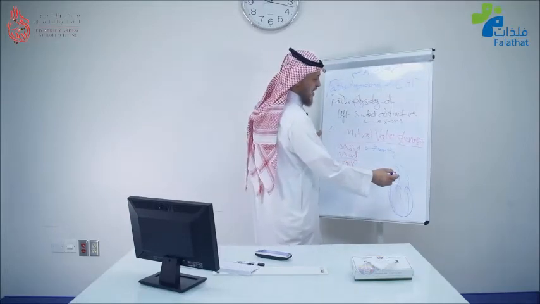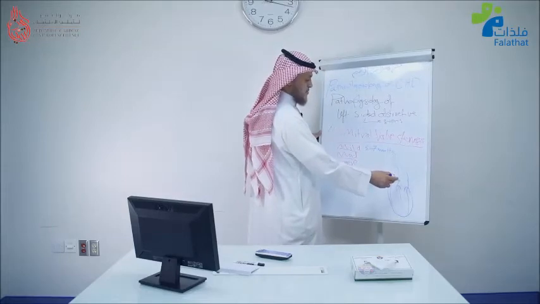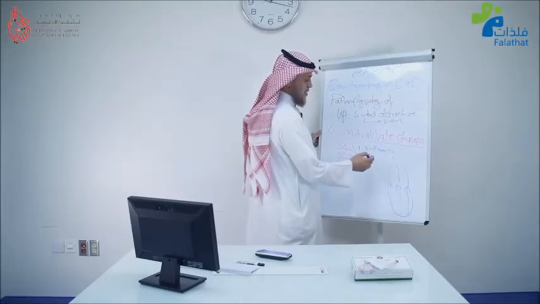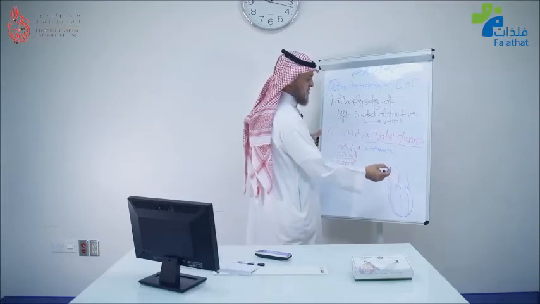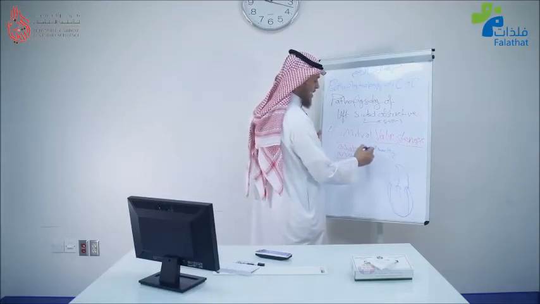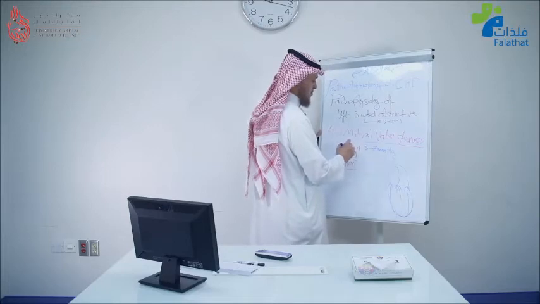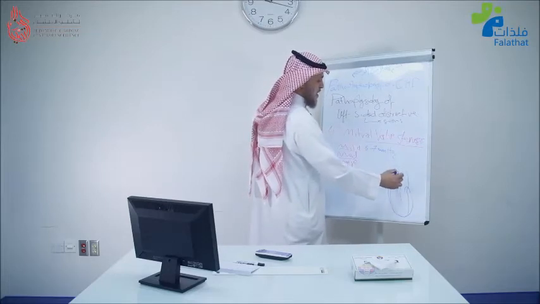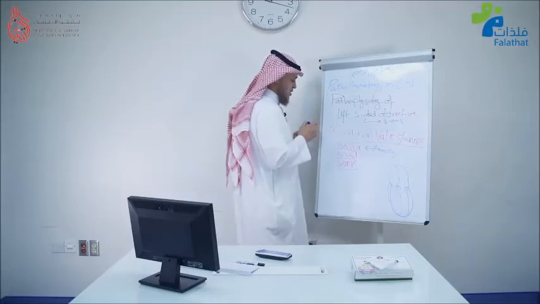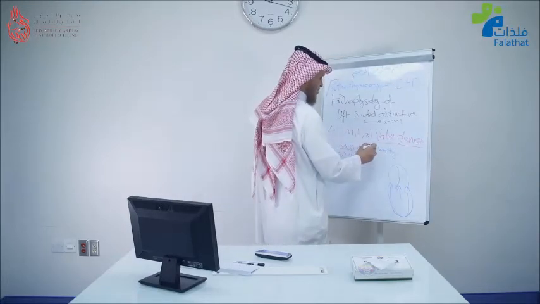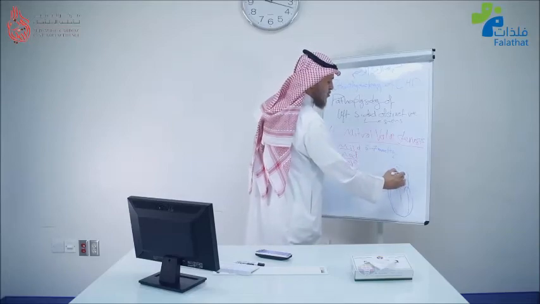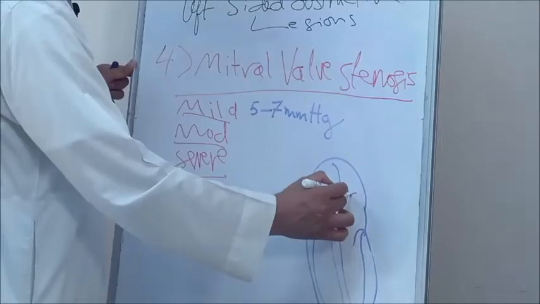If the left atrium pressure is, let's say, 6, 8, let's take the 8 plus the 7, in mild mitral valve stenosis, the left atrial pressure will be around 15.